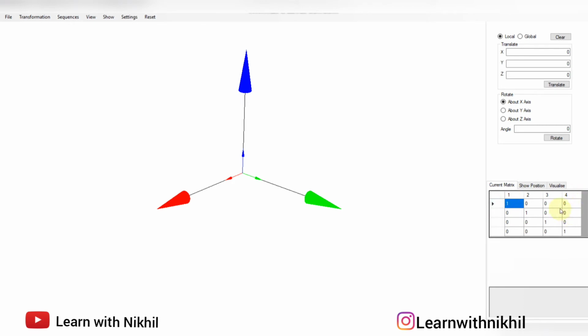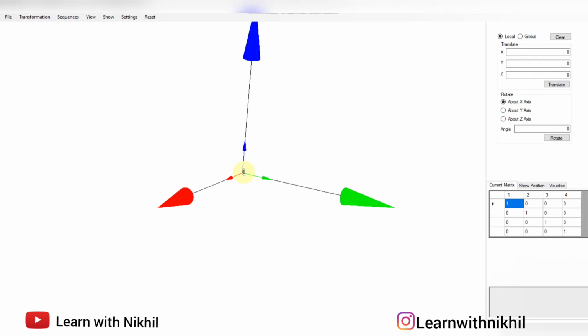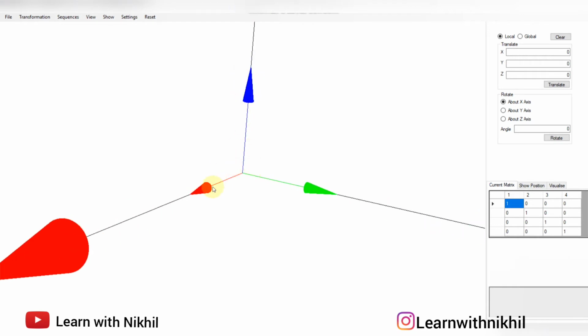This matrix I'll explain you in detail later. Right now we will concentrate on the coordinate system, that is this coordinate system. This is the universal coordinate system, and at the center you can see here, this is the body coordinate system.